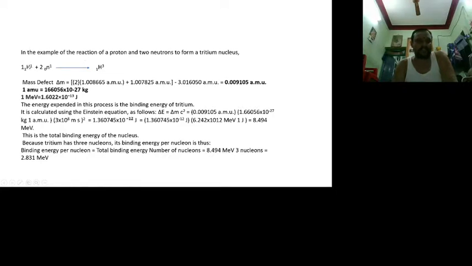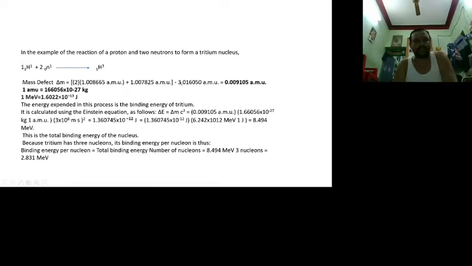Otherwise you can take it another way. The mass of 1 proton is 1.00728, and the mass of 1 neutron is 1.00865, which should be multiplied by 2. This is called the reactant side. That should be subtracted from the mass of the tritium nucleus. How do they give the mass of the tritium nucleus directly?